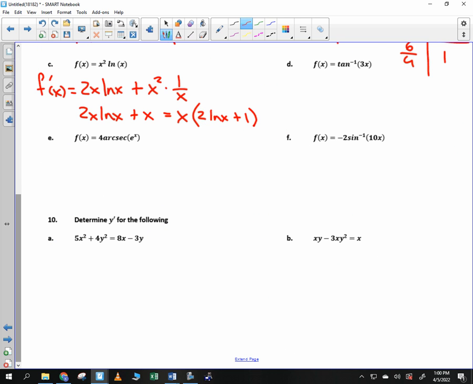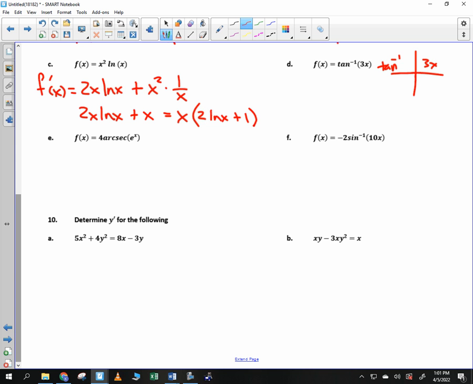Let's move along. Arctan of 3x. Not a lot of questions like this you get in the exam. Every once in a while, you see an inverse of an arc function like that. Let's just do it because we've talked about it. So what do we do? Good. Chain rule. What's the inside? 3x. What's the outside?